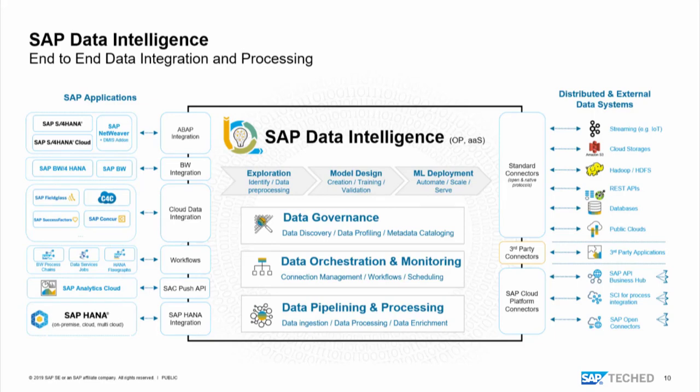On your left-hand side, you see a lot of enterprise sources. Of course, it's an SAP conference, so we call them SAP applications, from ERP systems to BW systems to HANA systems.